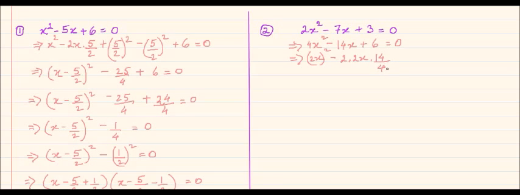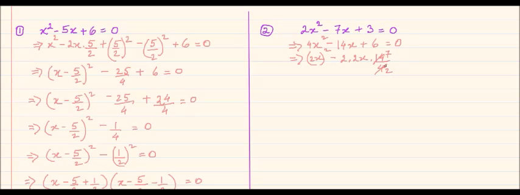This you have to reduce to the simplest form. Both are even numbers, so it can go by 2's, and this is 7 by 2. So the number that should be taken is 7 by 2.